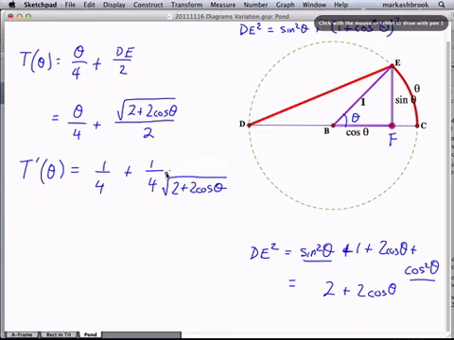Am I done with this derivative here? So I did 1 over 2 times the square root of that. Is it done? What else do I need? Chain rule, right? Chain rule times what?